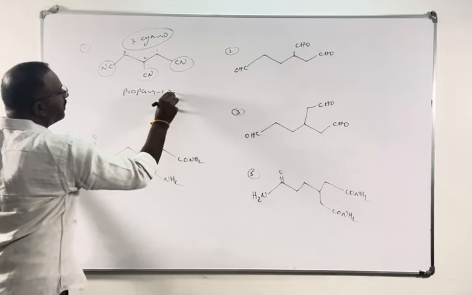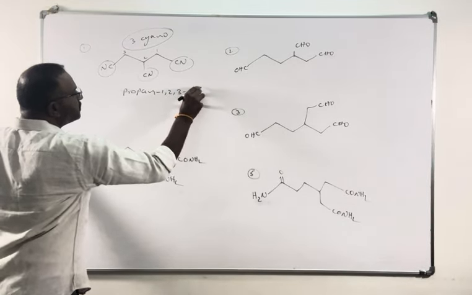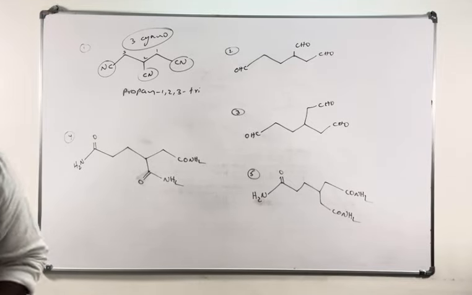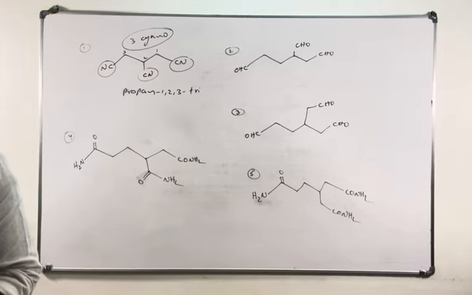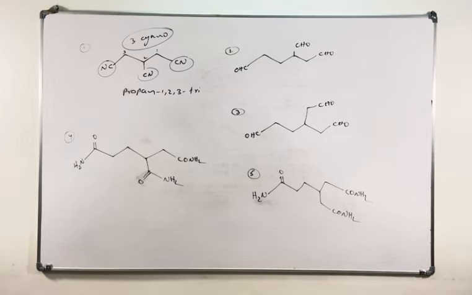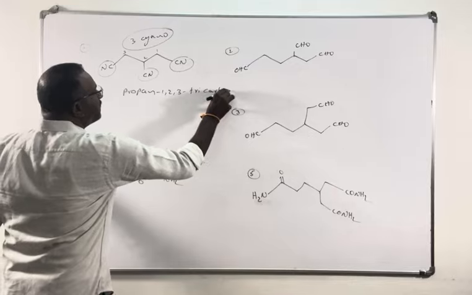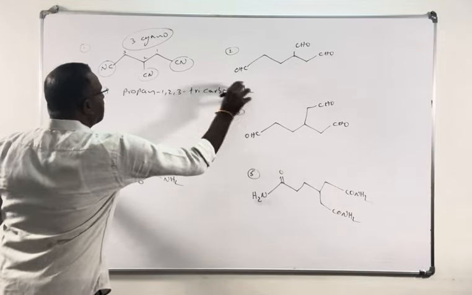Then hyphen 1, 2, 3, tri, and what do we say? Carbonitrile, because carbon and nitrogen both are included. So the name becomes propane-1,2,3-tricarbonitrile.